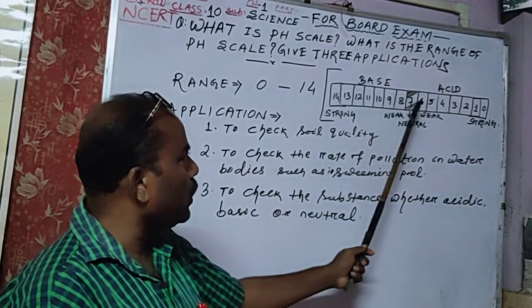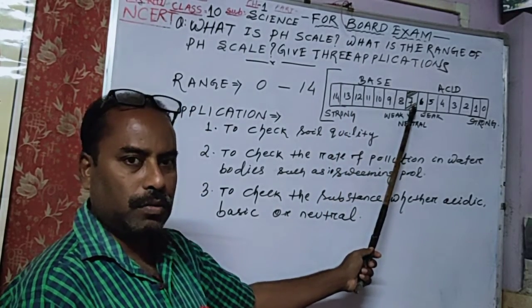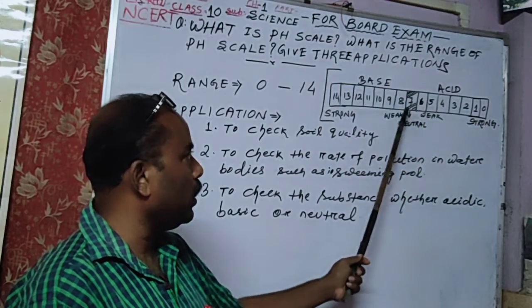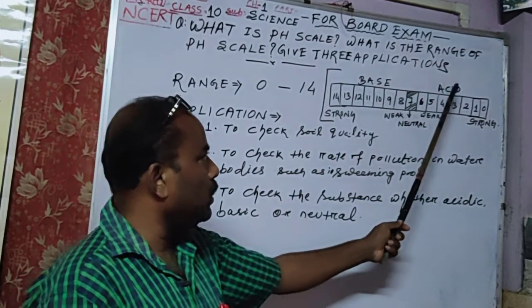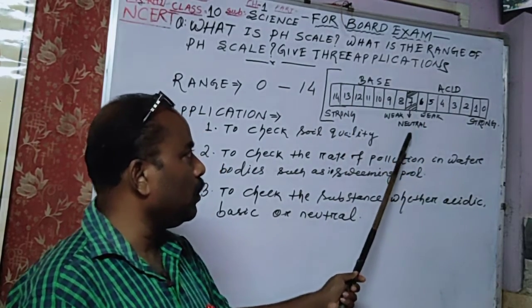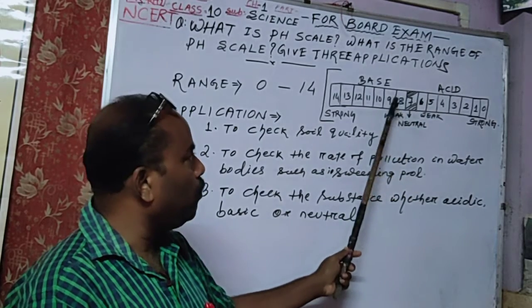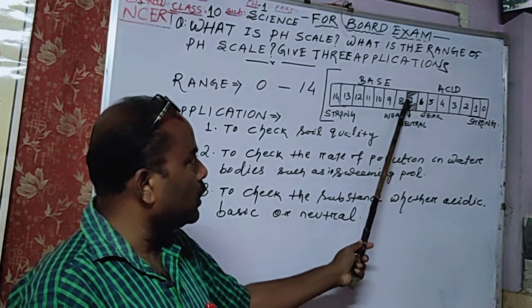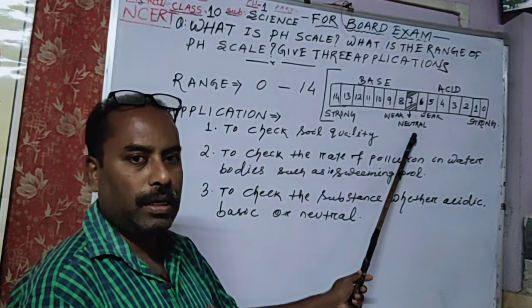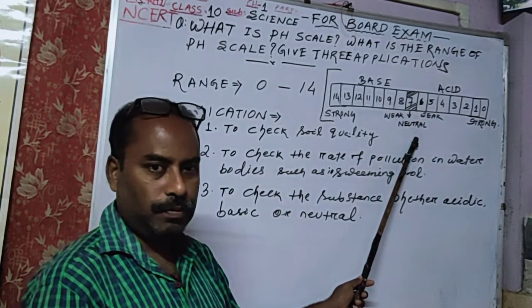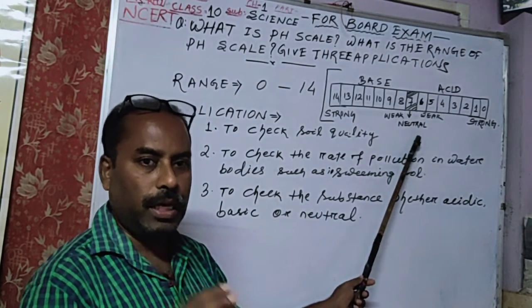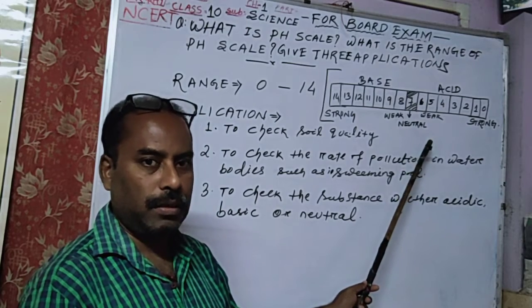In the 0 to 14, in the middle 7 comes. We divide this scale into three categories. One is basic part, one is acid part. In the middle it is called the neutral part. In the pH scale, 7 denotes the neutral. If the pH shows 7, then that substance is neutral, neither acid nor basic.